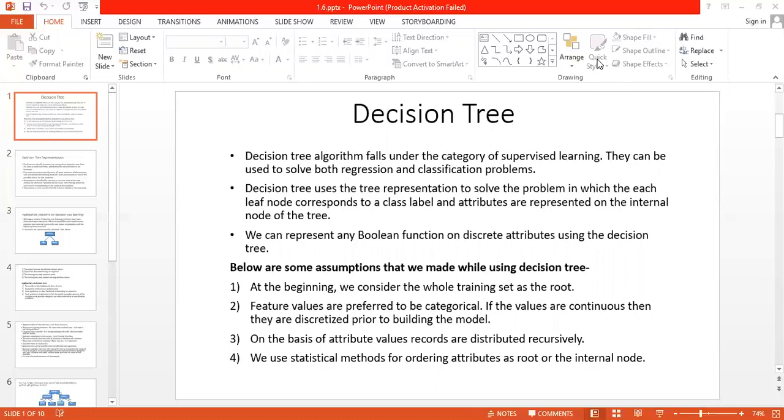On the basis of attribute values, records are distributed recursively. We use statistical methods for ordering attributes as root or internal node. This is the basic algorithm we have to follow while building any decision tree. This is the technical part of decision tree, and we will see the elaboration of all these four points one by one.